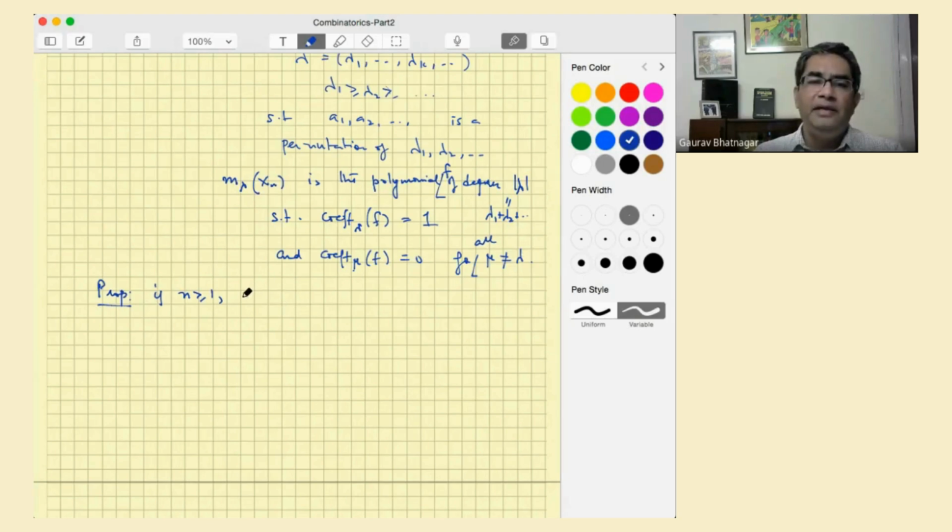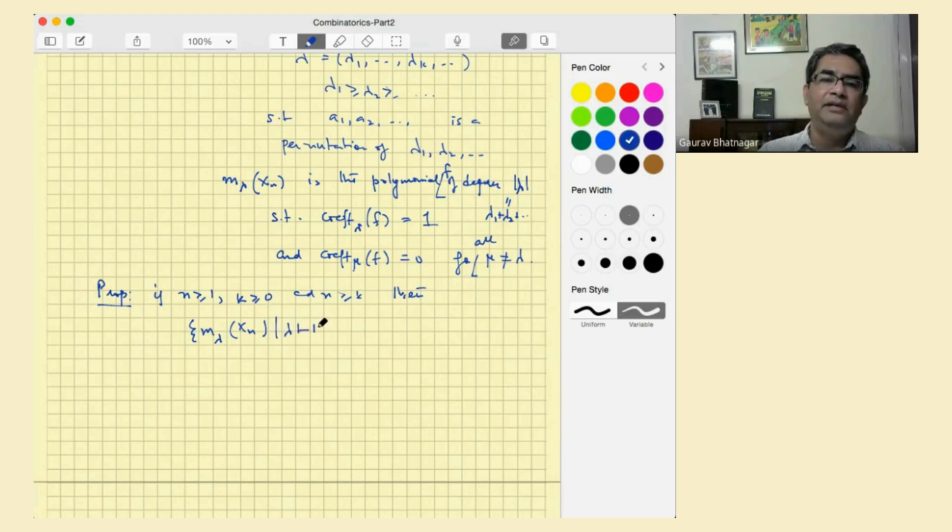Okay, so n bigger than 1, k bigger than or equal to 0, and n bigger than or equal to k, then m lambda of xn, where lambda is a partition of k, is the basis for lambda k of xn.